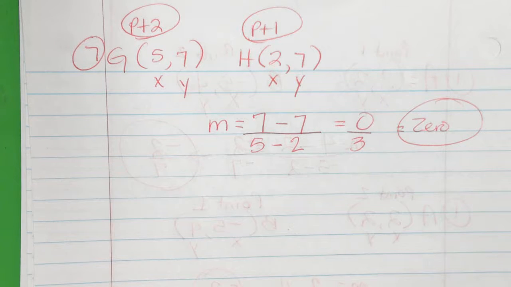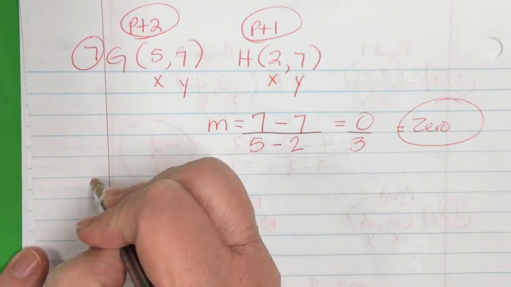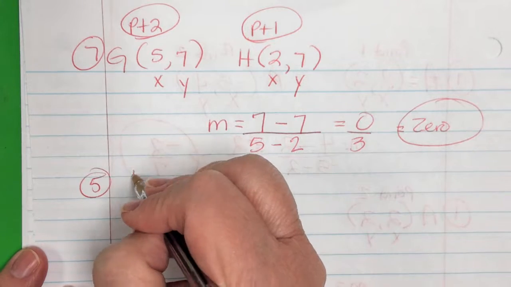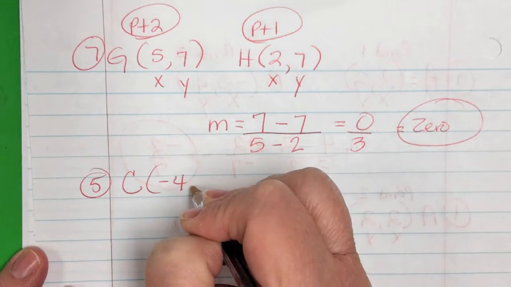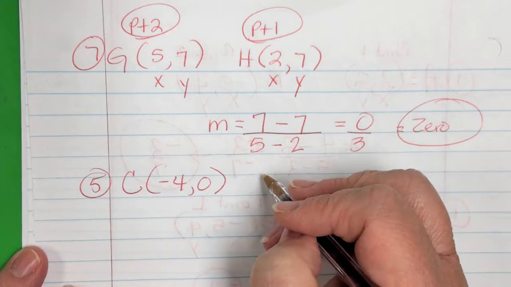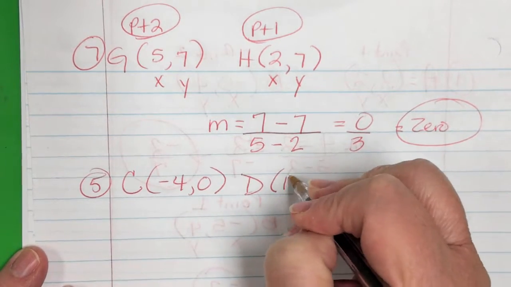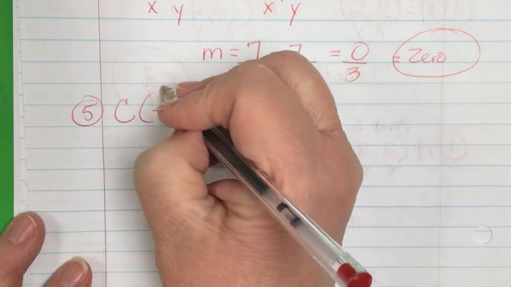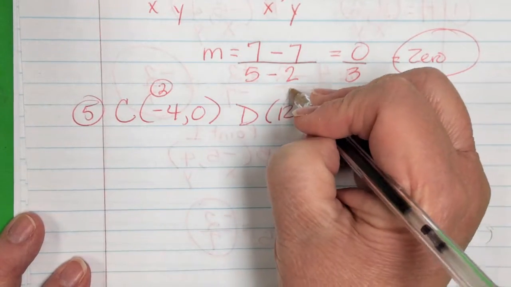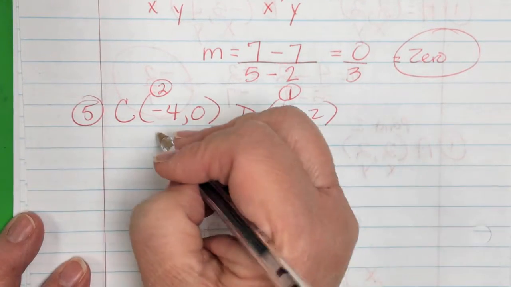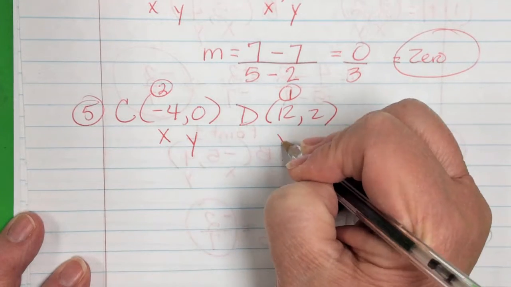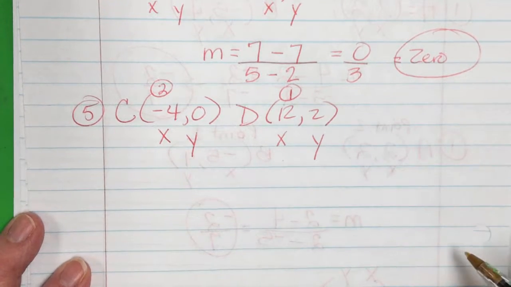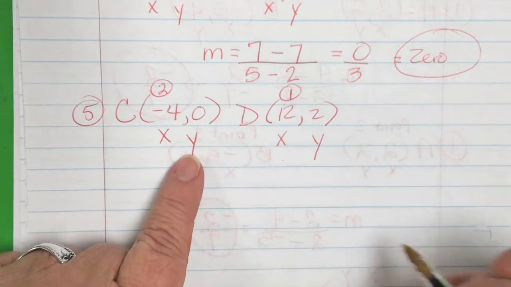Let's go with problem number 5. Back up to problem number 5. C was negative 4 and 0. D was 12 and 2. Okay? I'm just simply going to put a 2 here and a 1 here for point 1 and point 2, reminding ourselves of the x and y values in each ordered pair.